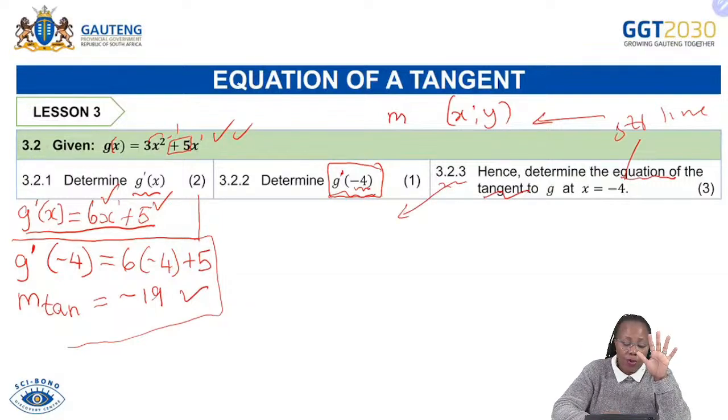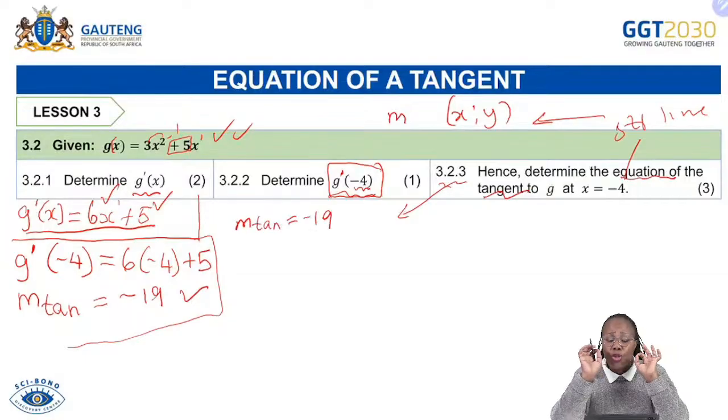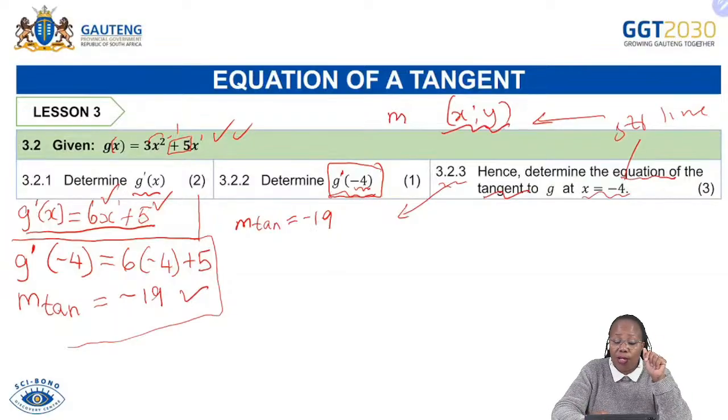Yes, we do. Our gradient of a tangent is equal to minus 19. Do we have a point? No, we only have the x value, which is minus 4. We need the y value that will coordinate with that minus 4. How will you get that y value? You are going to substitute this x value into the original, then it will give you the y value. Let's do so, great job.